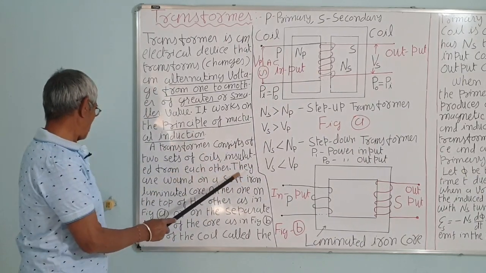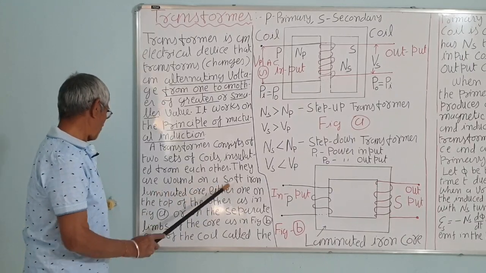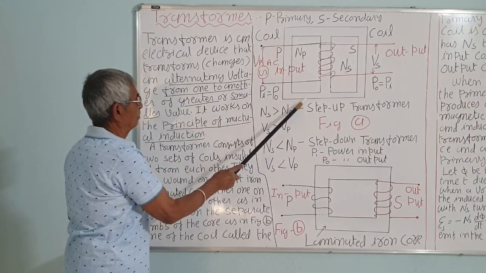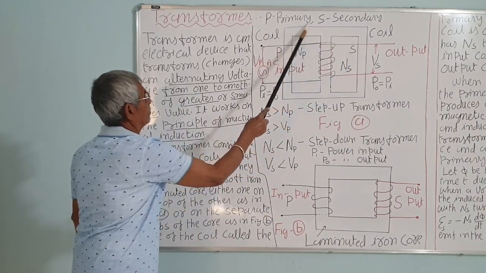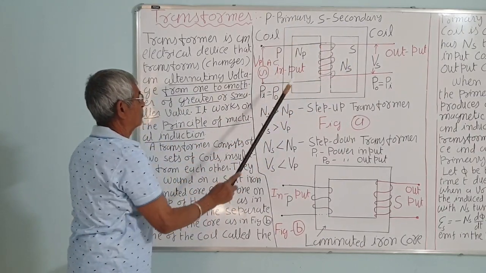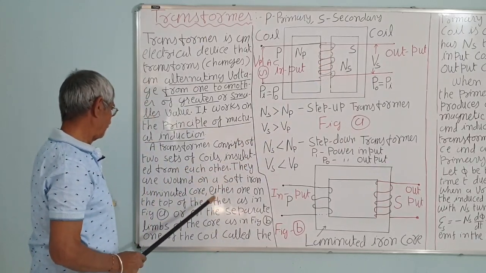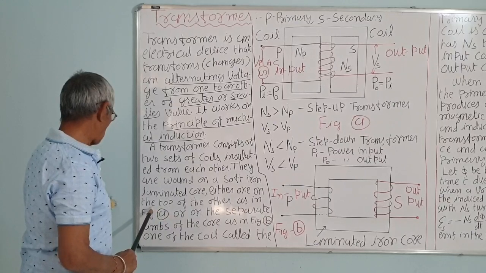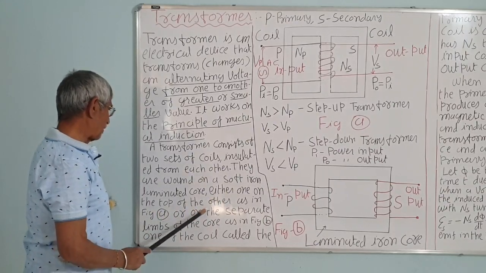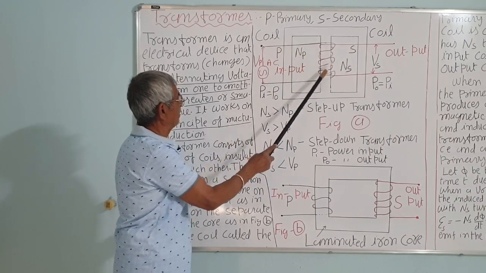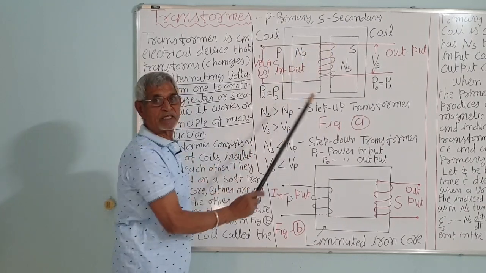insulated from each other. They are wound on a soft iron laminated core. This is a laminated core. So, it is wound on the soft iron laminated core, either one on the top of the other, this is a primary coil and red is the secondary.